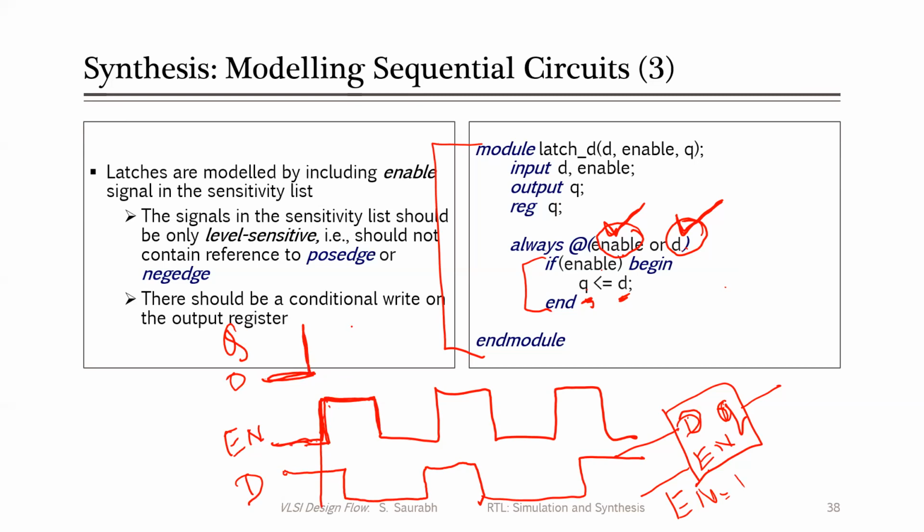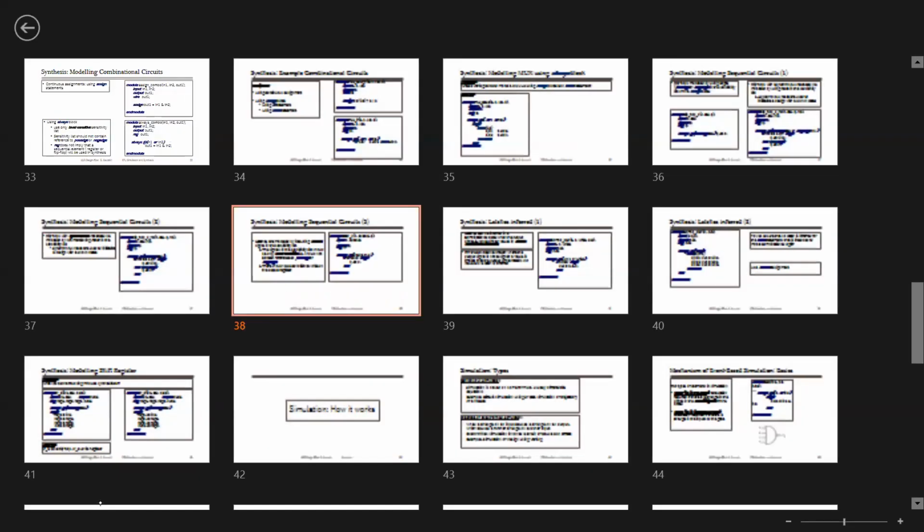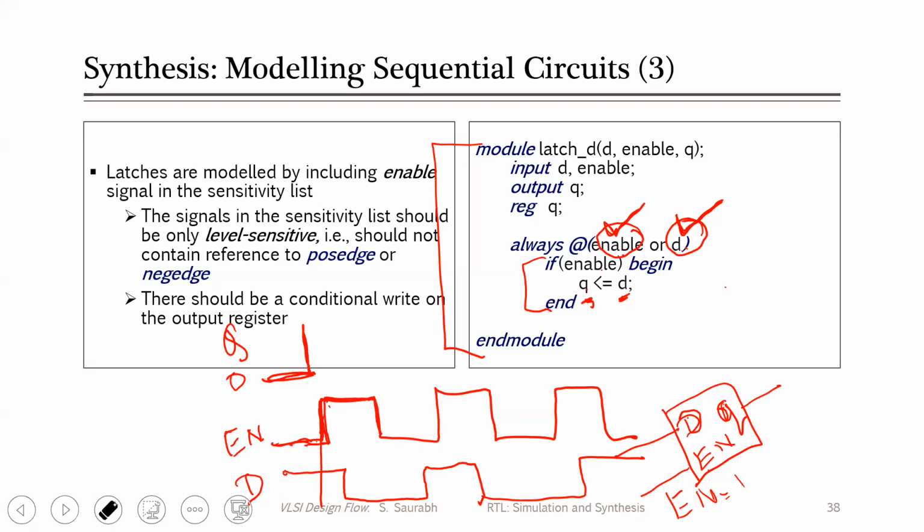Sorry, Q became D. So whenever enable became 1, whatever was at D, Q will get that value, right?